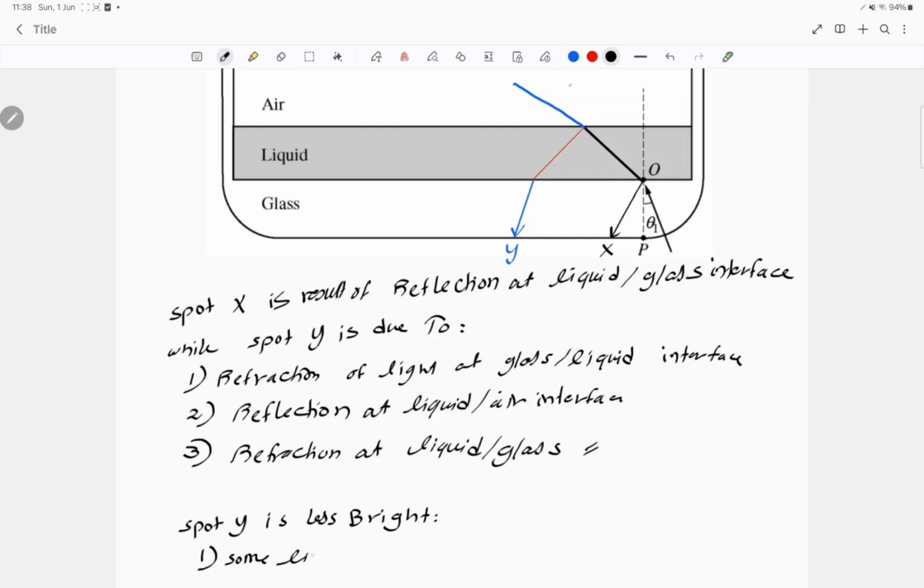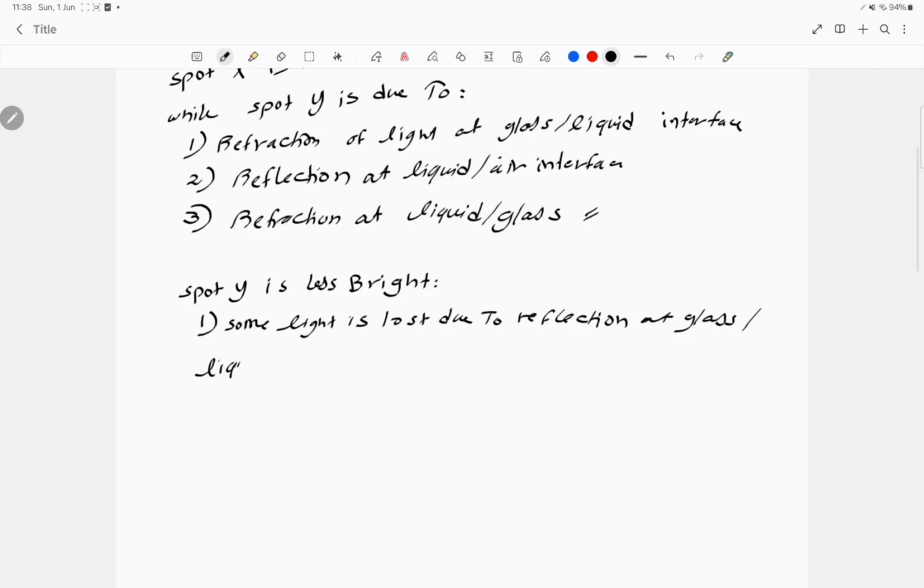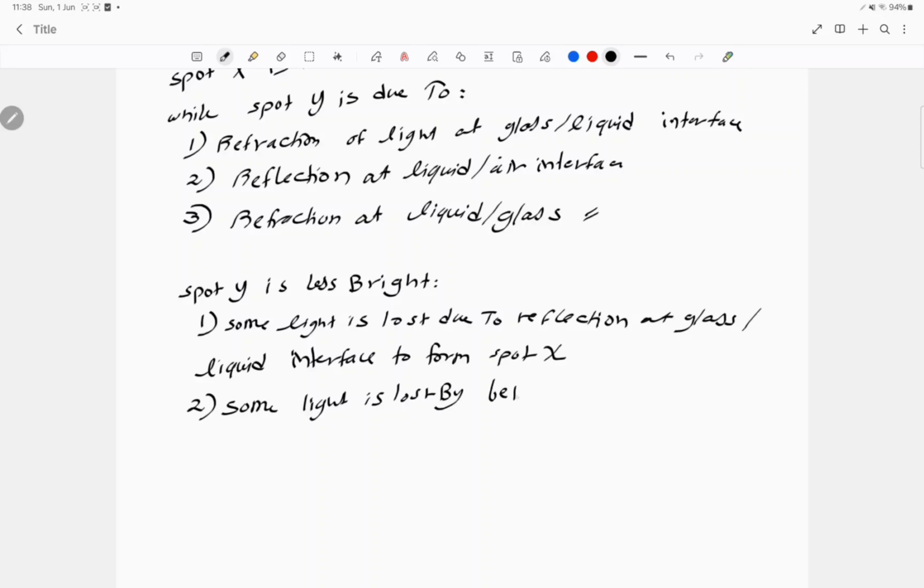Some light is lost due to reflection at the glass liquid interface to form spot X, and some light is lost by being transmitted from liquid to the air.